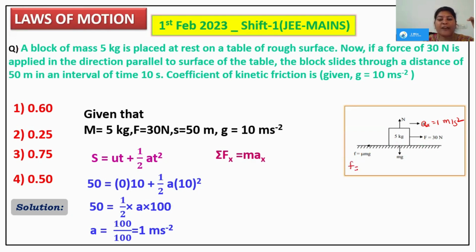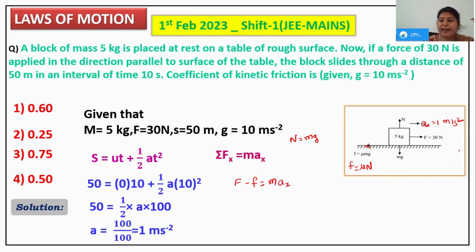Frictional force f formula is mu into N. But N is equal to mg, so frictional force f equal to mu mg. This is the direction of frictional force. Then capital F minus small f equals mass of the body into acceleration along that direction.